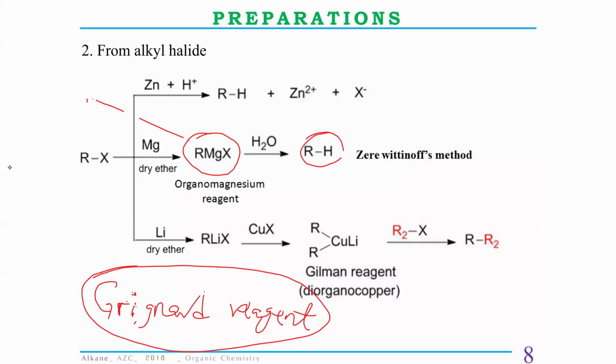For example, let's say the R here is CH3. Then you add hydrogen, so you have CH4, which is methane.